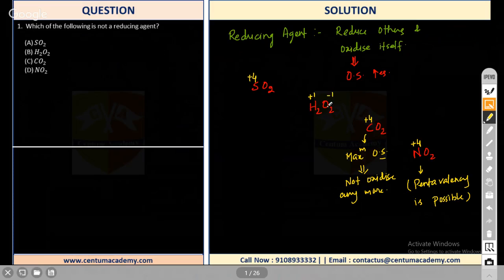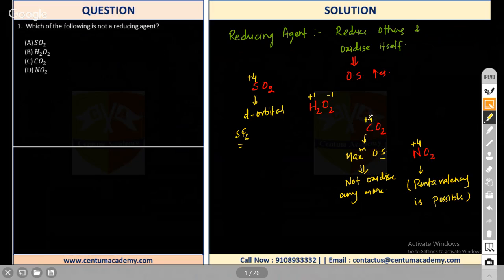Similarly, in H2O2, oxygen can go into -2 oxidation state. That is also possible. And here sulfur is in +4, but since sulfur contains d orbital, it can show a higher oxidation state, and we know compounds of sulfur exist such as SF6, in which sulfur has more than +4 oxidation number. So only CO2 cannot go under oxidation, right?